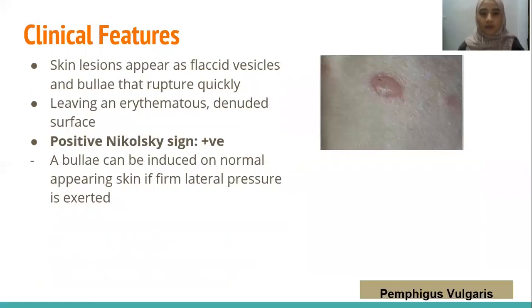Skin lesions will appear as flaccid vesicles and bullae that rupture quickly, leaving an erythematous denuded surface. A characteristic feature of this lesion that helps in diagnosis is Nikolsky sign. It is when lateral pressure is applied on clinically unaffected perilesional tissue, it could induce stripping of the epithelium or a bullae formation.